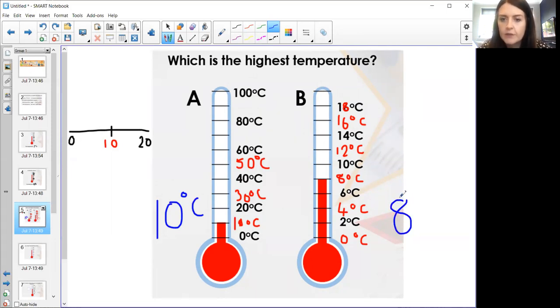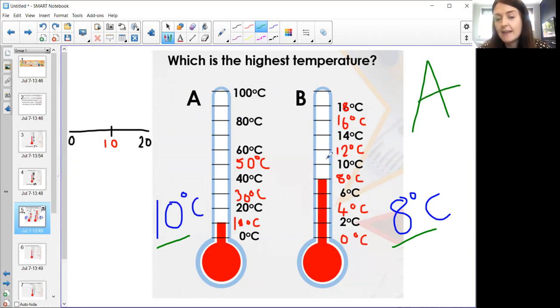Okay, so despite the fact that B looked like it was going up further up the thermometer, the hottest temperature is in thermometer A because it's got a higher number, because 10 is bigger than 8. So the winning one, the hottest one, is A, the highest temperature.